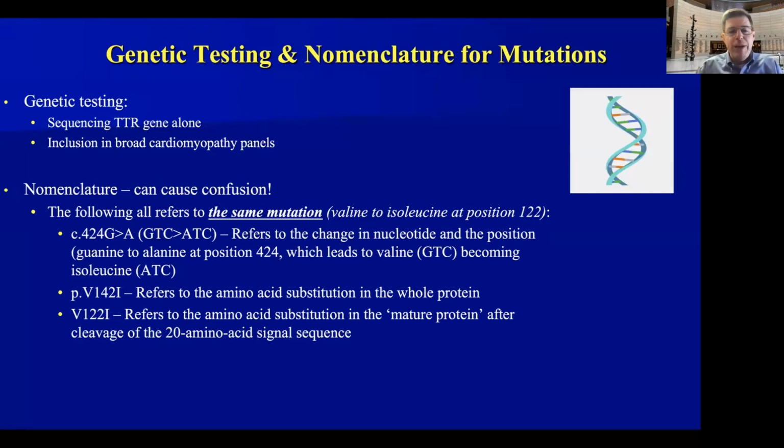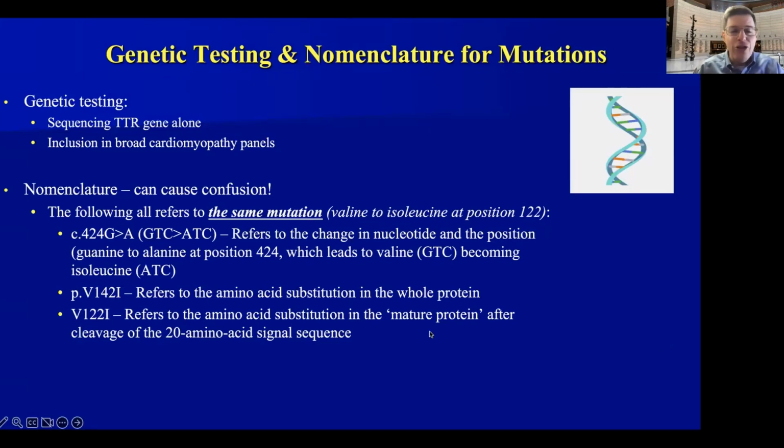You can do it based on the nucleotide change, as you see in the first, which would read c.424G to A. You can do it as the amino acid substitution in the entire protein, which would be here p.V142I, or you can refer to it in the mature protein, which is after you've cleaved the 20 amino acid signal sequence. So here you'd say V122I.